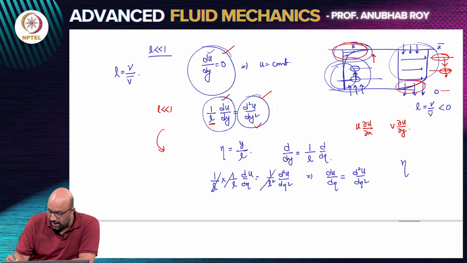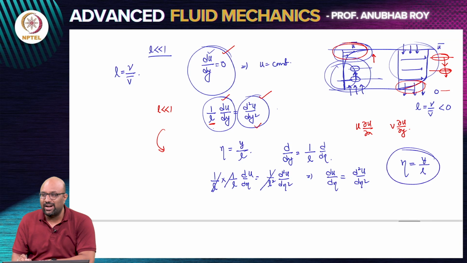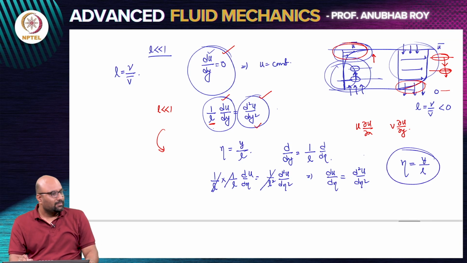So, in a vertical coordinate that is stretched by that length L, you see what eta is here? Eta is y by L. So if you say L is very small, then when y becomes very small, y by L will become an order 1 number.